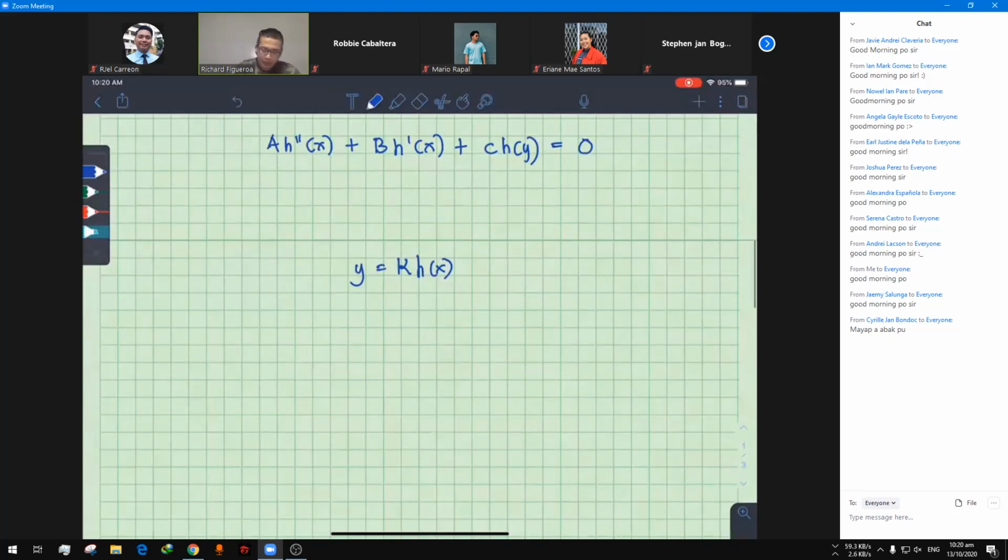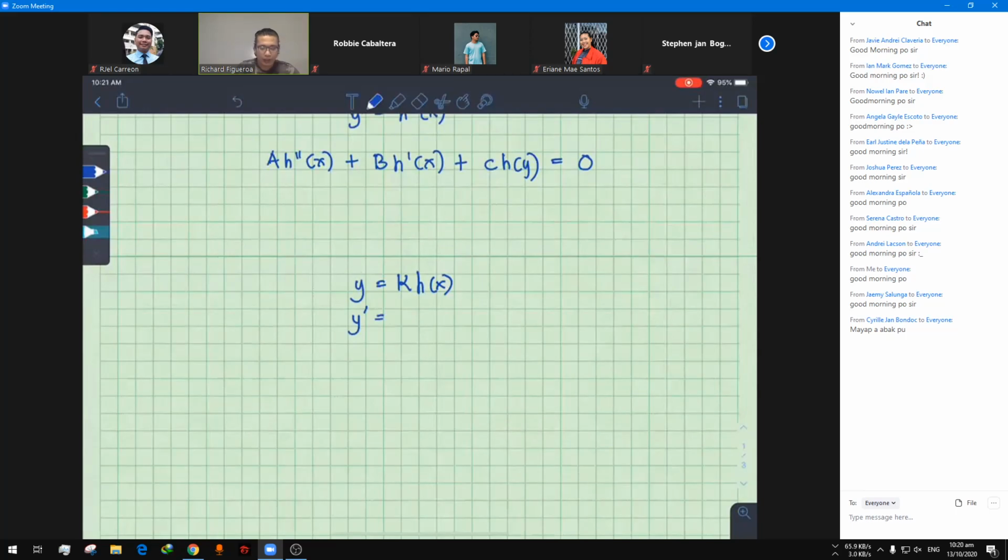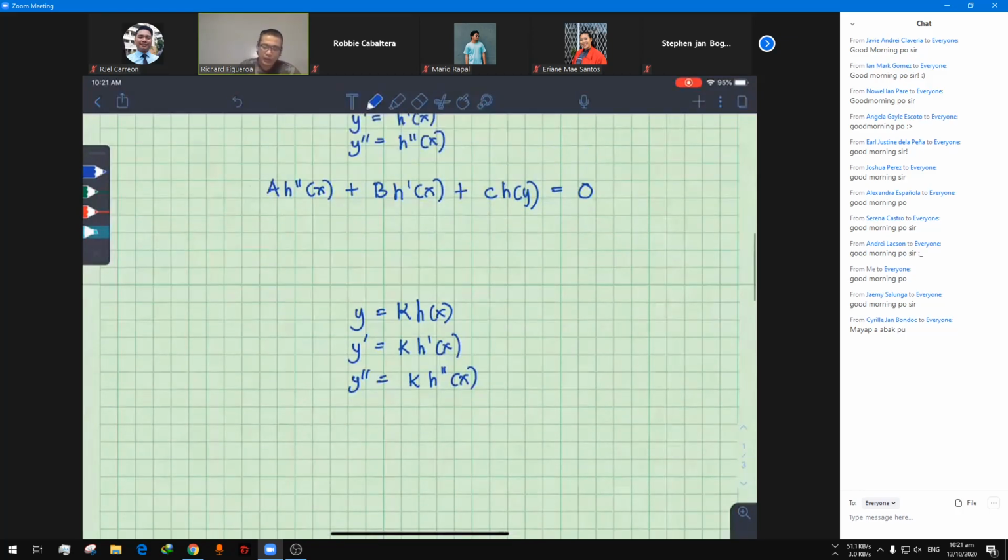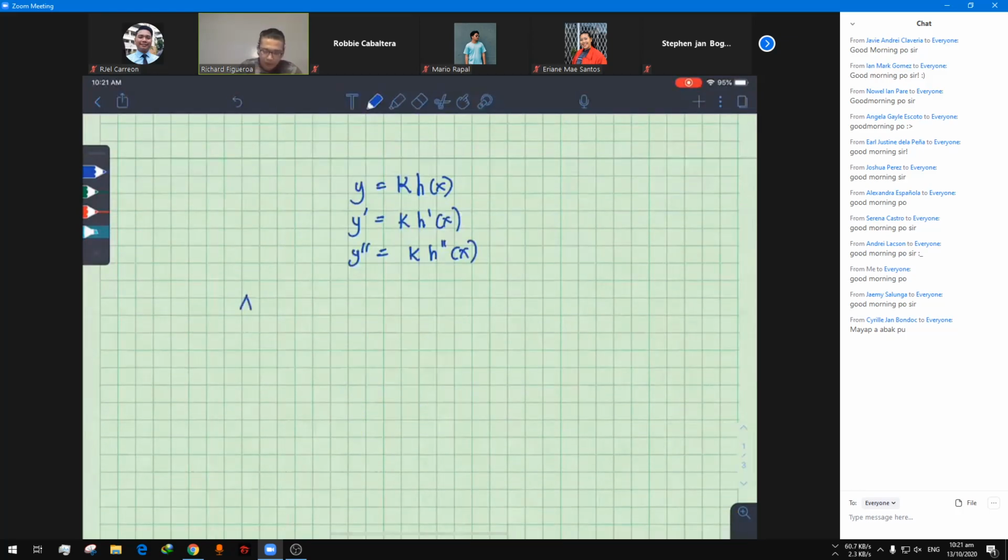As we said earlier, we just derive. So y prime is k h prime of x, and y double prime is k h double prime of x. Substitute this into the original equation: a k h double prime of x, plus b k h prime of x, plus c k h of x, is equal to 0. As you can see here, k is a factor.